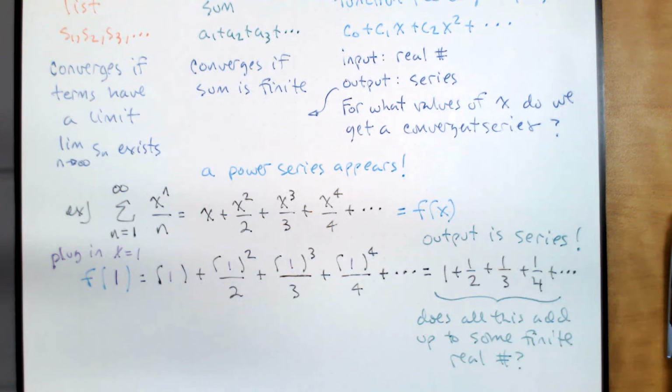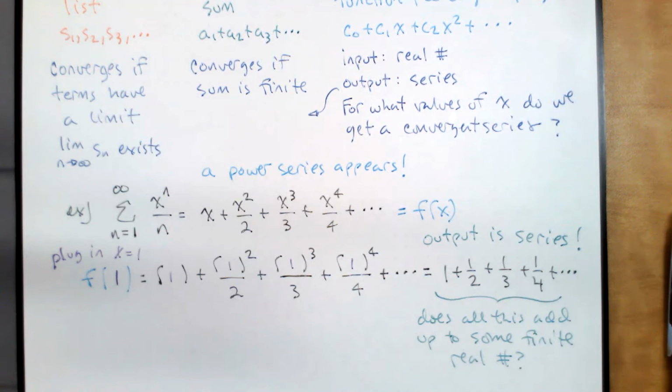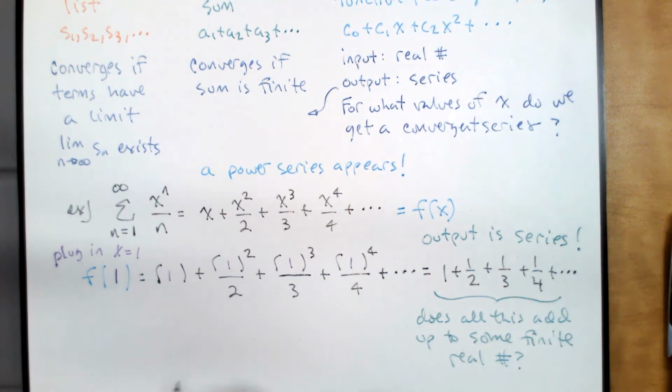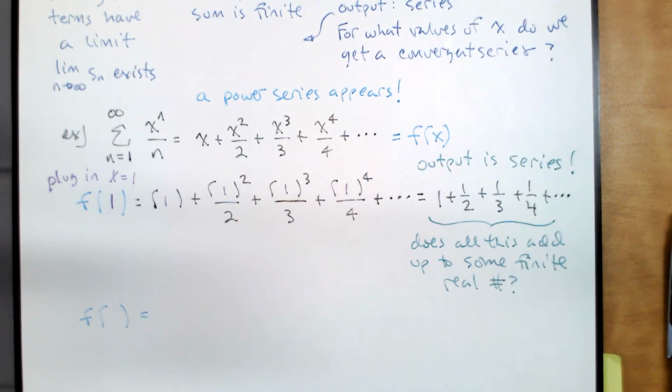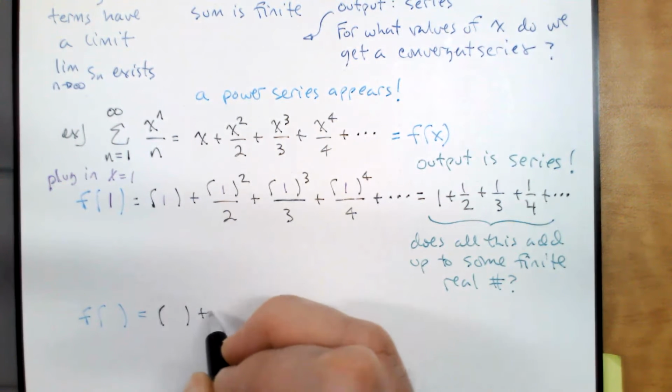Should we let 1 into the domain of this function? We could plug in some other value. So we just look at the power series as a function where we could plug stuff in.